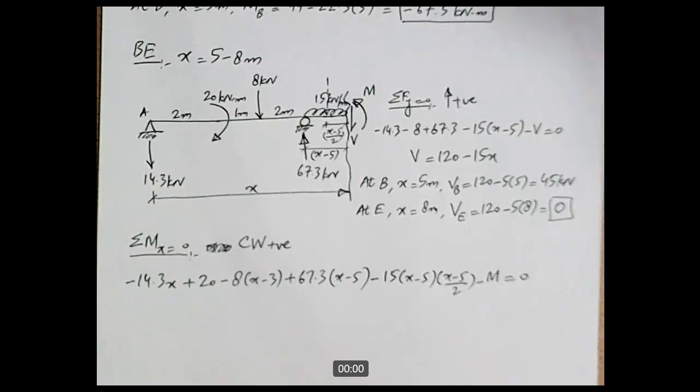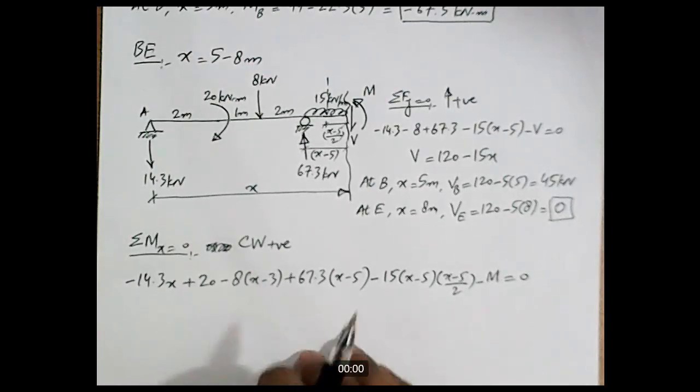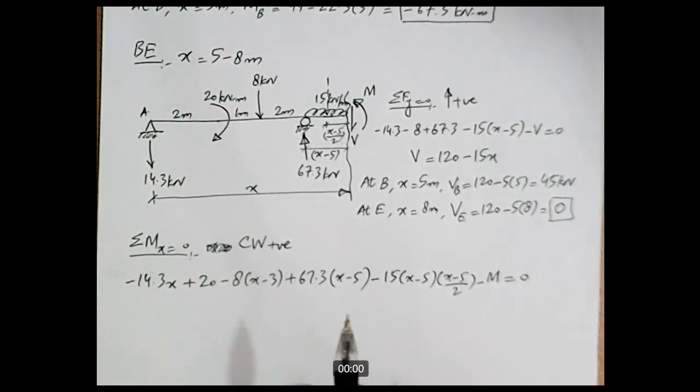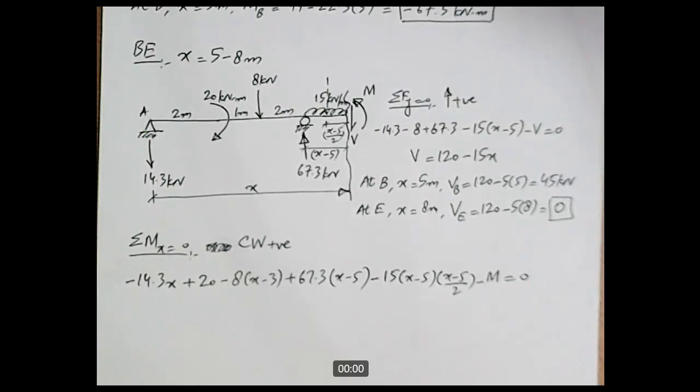So this completes the equation of bending moment for this part. Now it is your choice. If you want to simplify the equation, you can do that, or you can simply plug in the value of x and get the answers for bending moment at point B and point E.